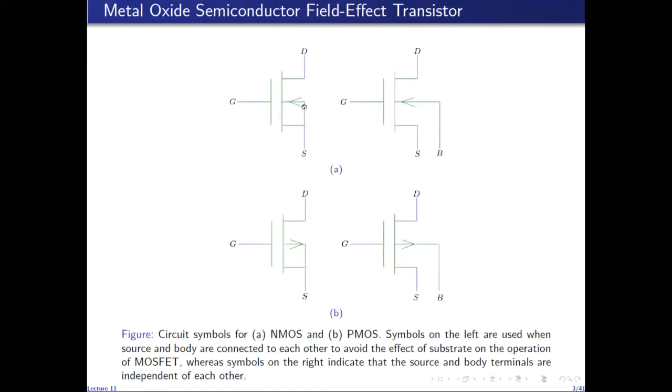For an NMOS, the arrow for the body terminal points inwards, and for the PMOS, the arrow for the body terminal points outwards. So that is the distinction between the two circuit symbols.